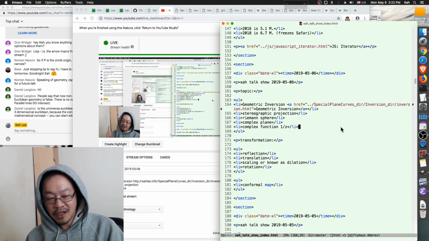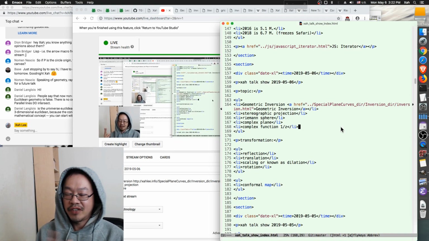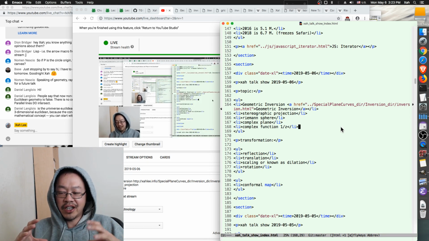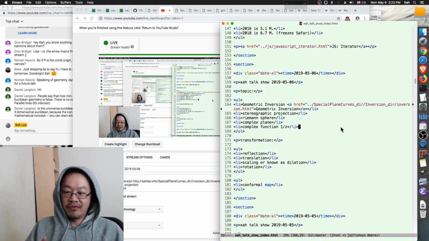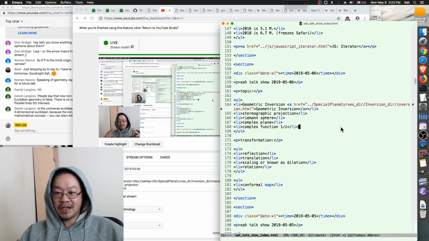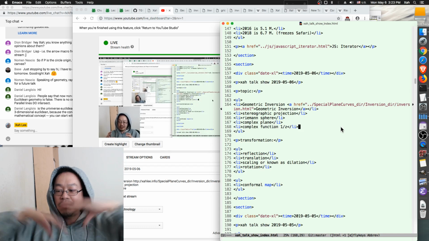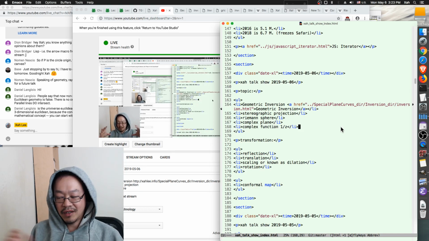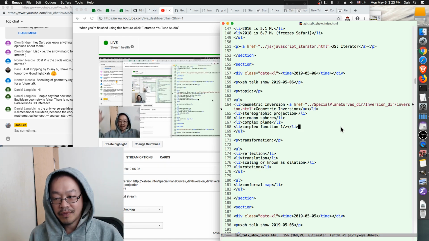That's an interesting property of geometric inversion. We also covered how geometric inversion is a kind of generalization of reflection, because anything outside becomes inside, and anything inside becomes outside. It's a very interesting mirror around a circle or a sphere.